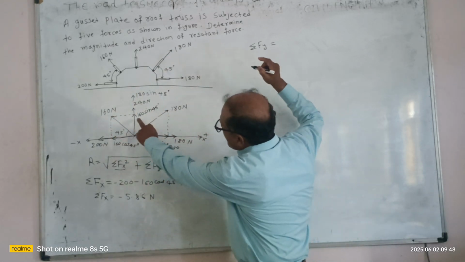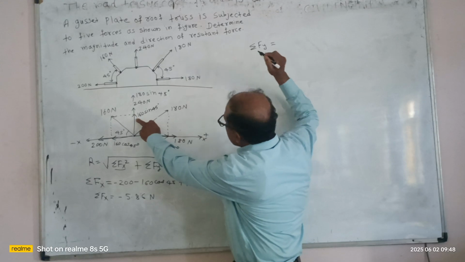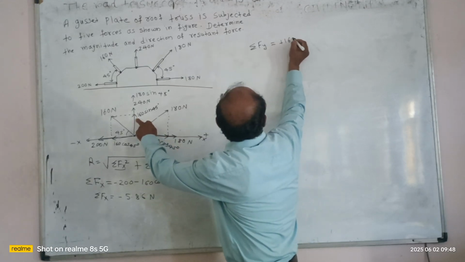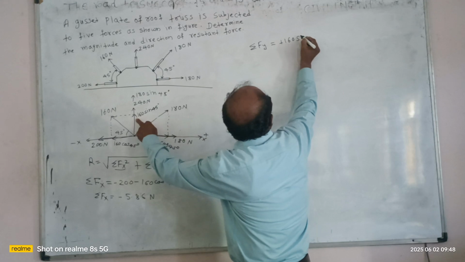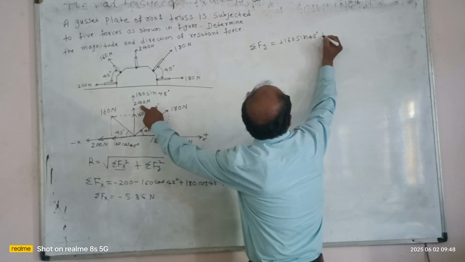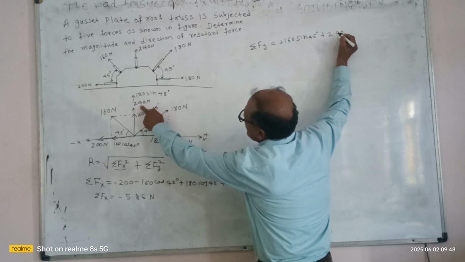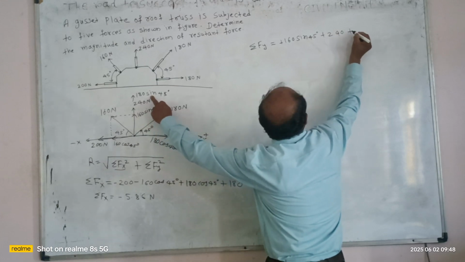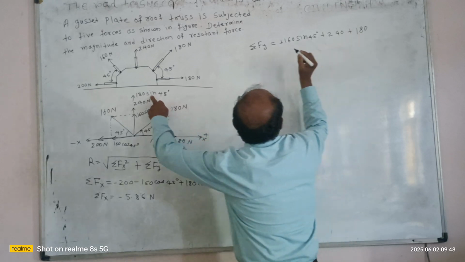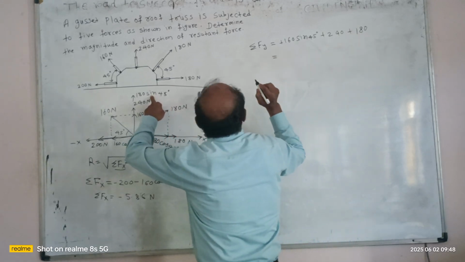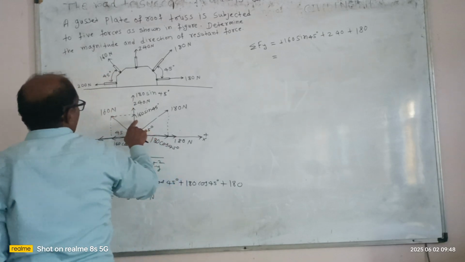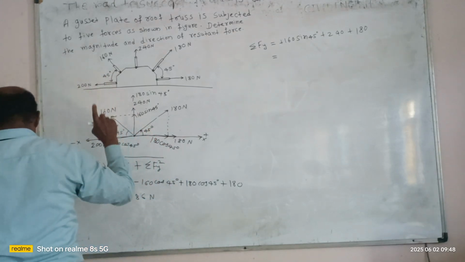This is an upward y direction force, so it is plus 160 sin 45 degrees plus 240 plus 180 sin 45. We have only 3 forces in the y direction.